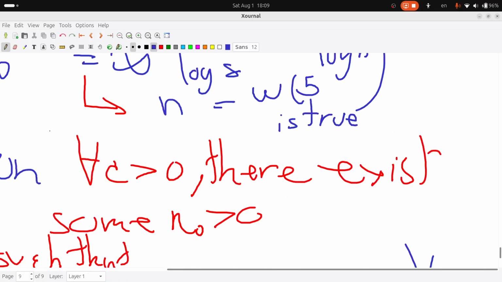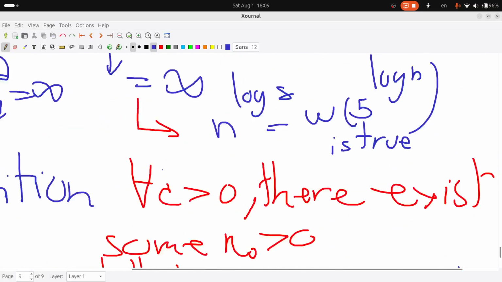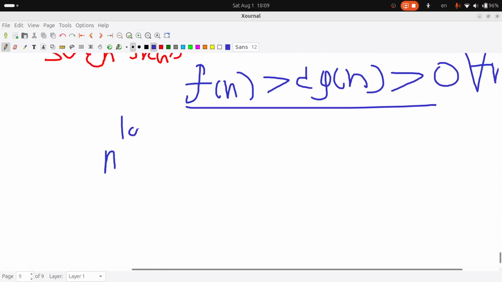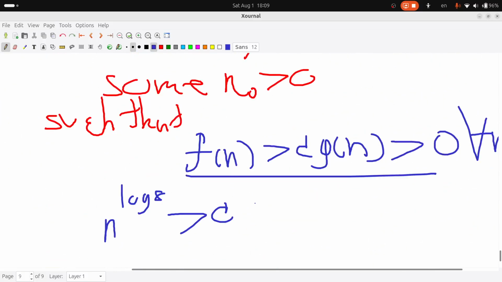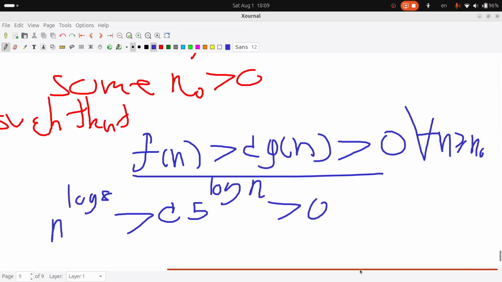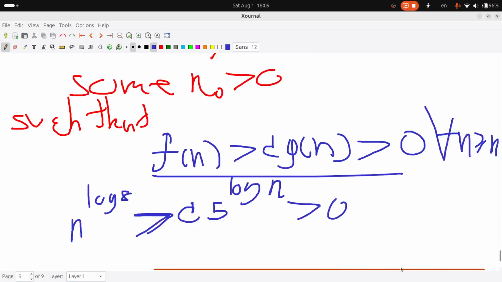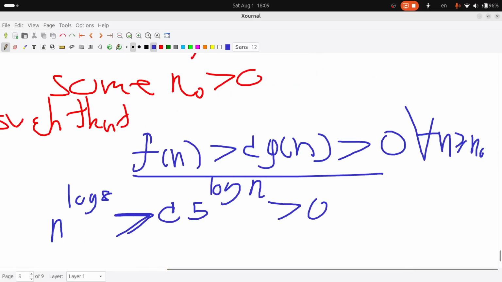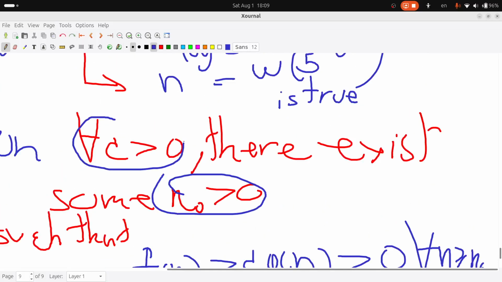Write it as the real one, that is f(n) is n power of log n, right? And the function g(n) is 5 power of log n, greater than 0. We have to prove that there always exists a starting point for all constant c.